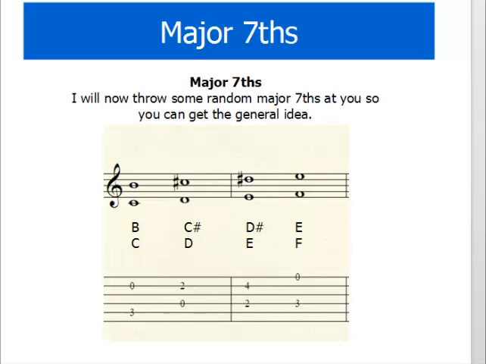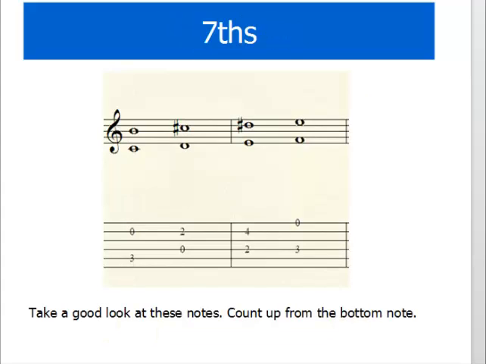Now E to D sharp. E to D sharp, major 7th. F to E. All right. Has a peculiar sound, but let's say we just do them in a row here.